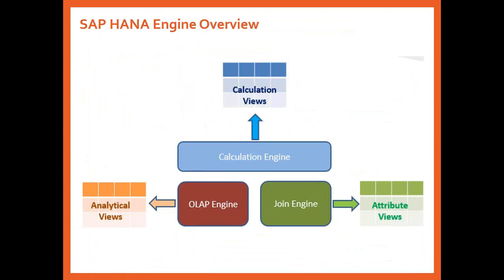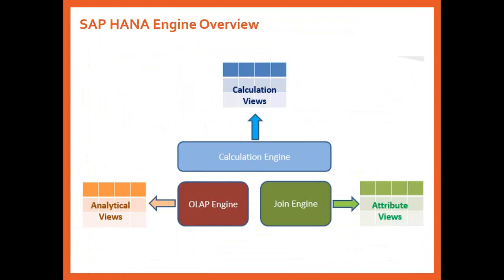Join engine is like, if you remember the SQ01 or SQVI transaction, where we create queries. What is a query? We combine two or more tables and select what is the input and what is the output. We link the tables with a join key. At least one join key should be there. With the join key, we link the tables, and after that we select the input and the output.